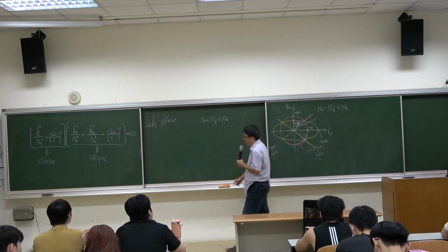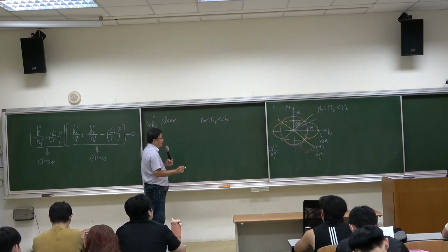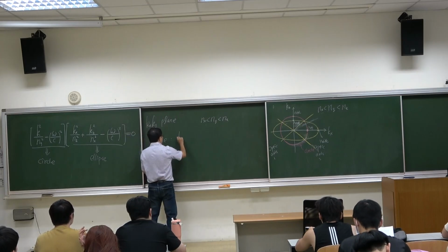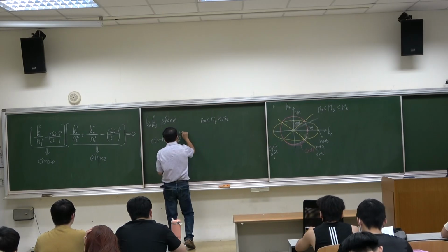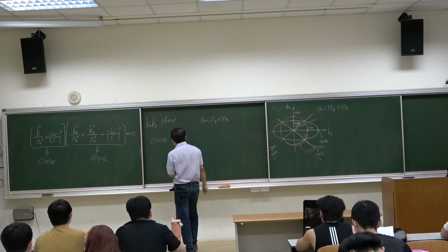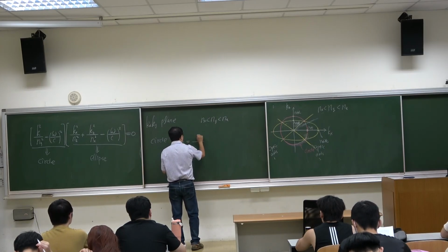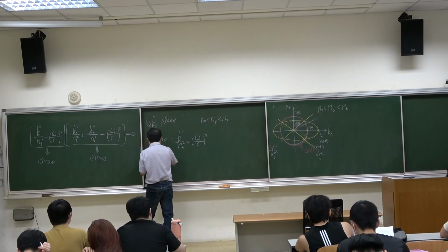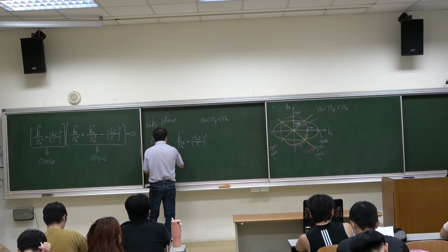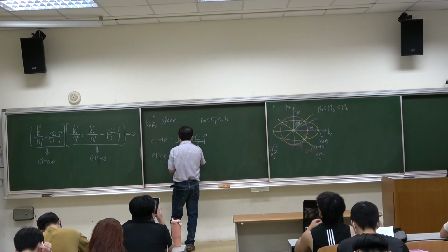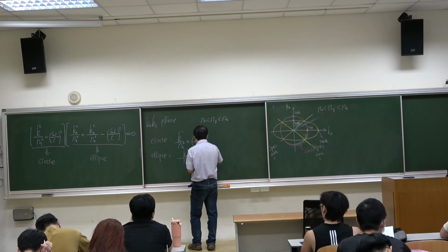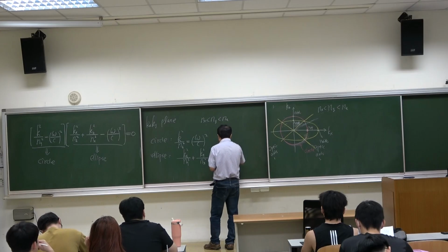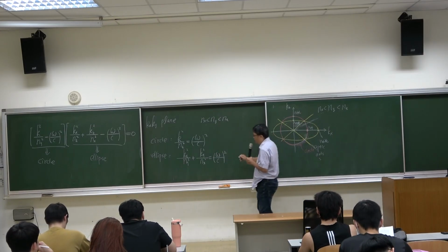So you know that now you have one circle described by this, and the ellipse is described by this equation.